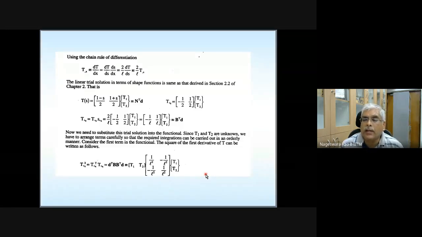Sometimes the problem that you encounter may not have this strict structure. In that case, you need to start from the fundamentals and then derive the element equations. So this exercise helps you face that kind of situation.